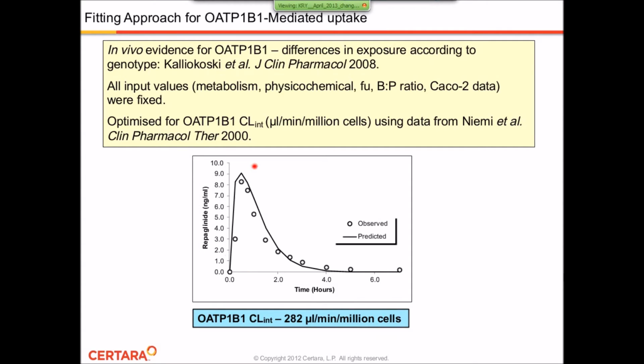So at this point, using the models, using the input data, and incorporating this OATP1B1 intrinsic clearance value or hepatic uptake value, we are able to recover observed data for repaglinide over a dose range, but that's with respect to single dose.